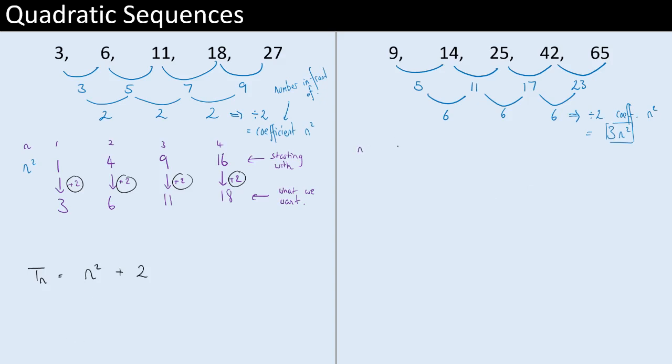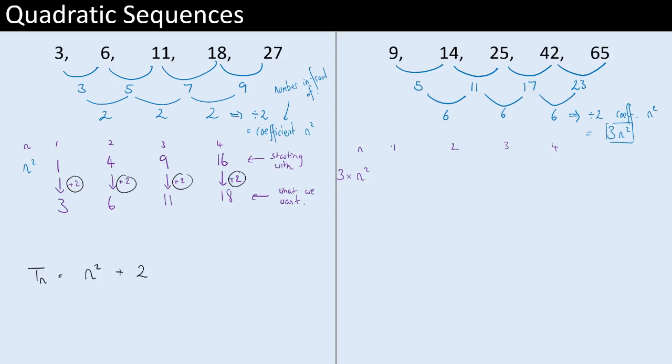I need to look at my term numbers: 1, 2, 3, and 4. The first part of my sequence goes 3n squared. Now, I'm just going to make this a little bit more explicit. I'm going to say 3 lots of n squared. That's what that means. It's the same thing.